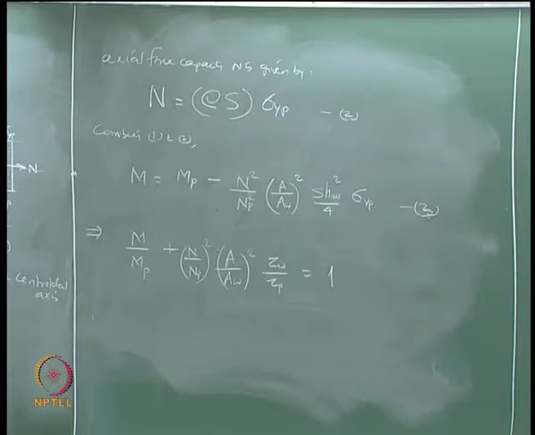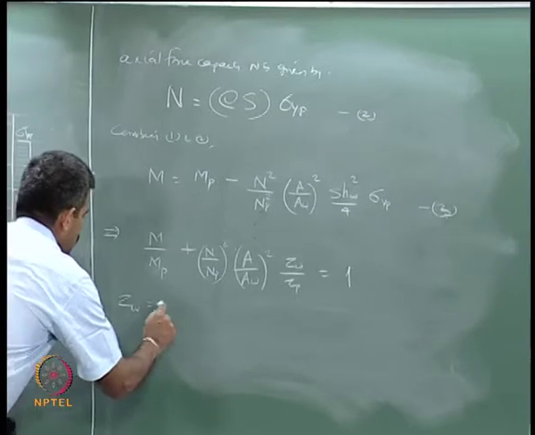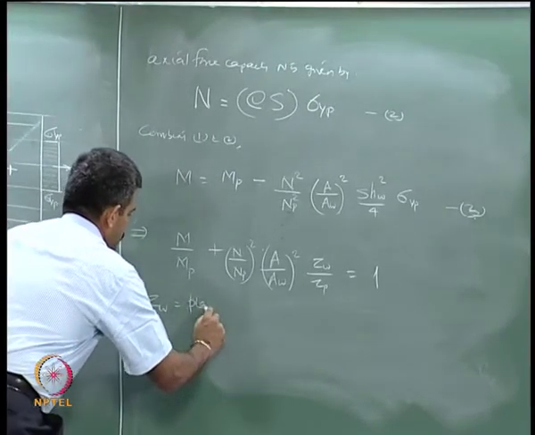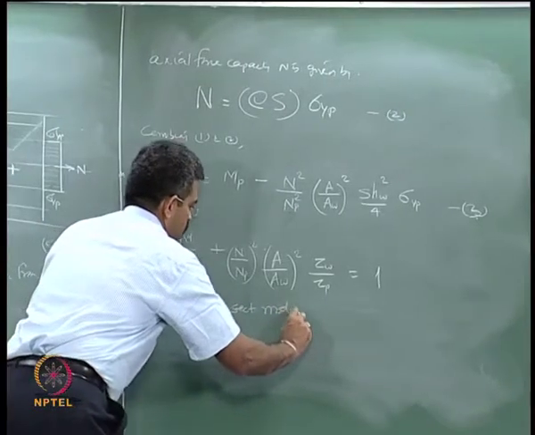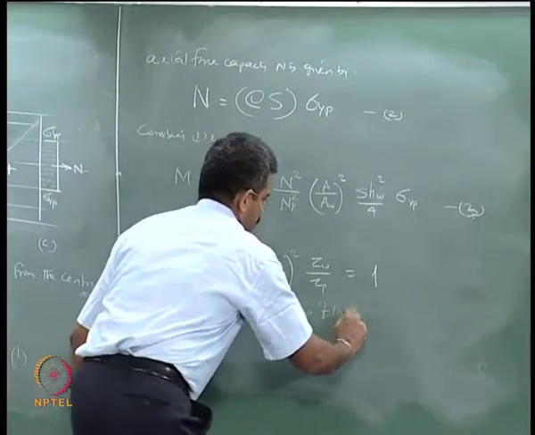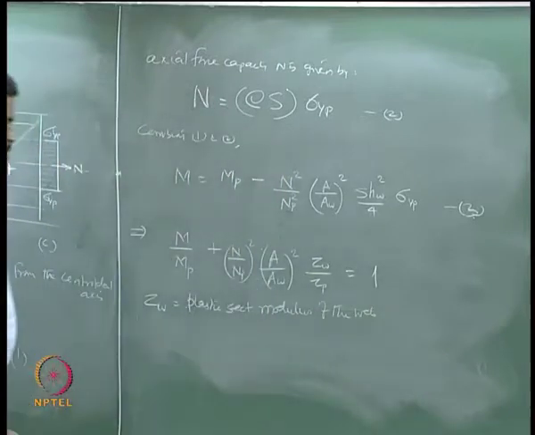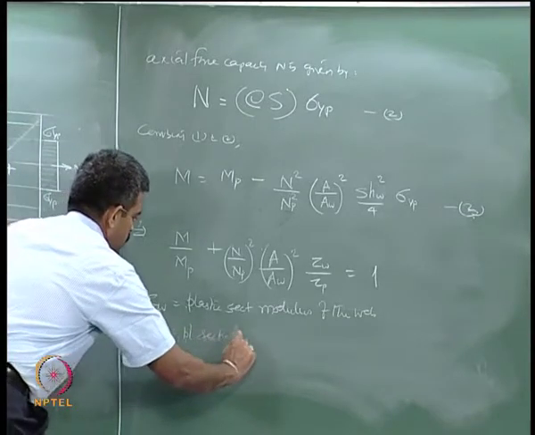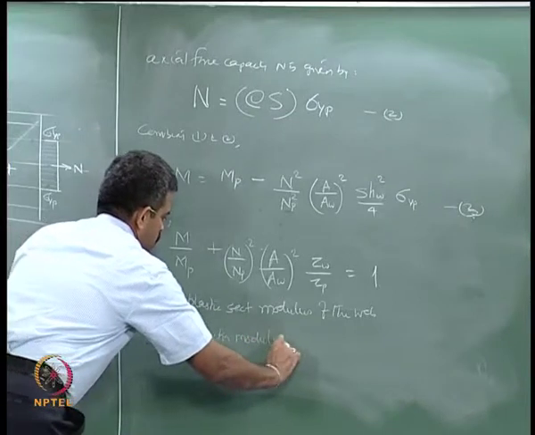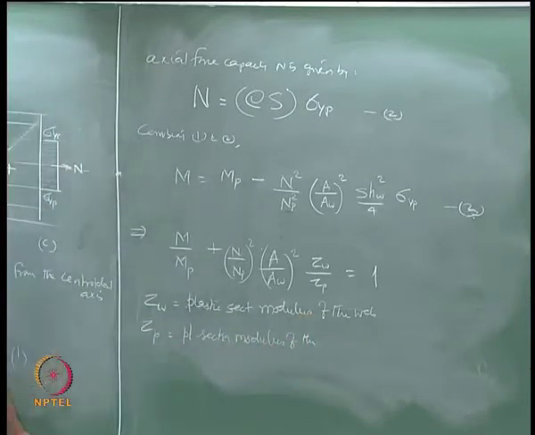Where ZW is the plastic section modulus of the web, and ZP is the plastic section modulus of the complete section.